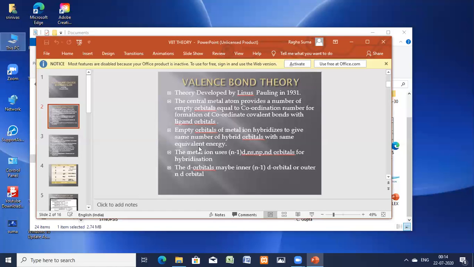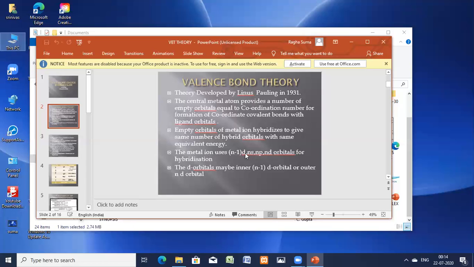Now the third one is that the metal ion uses n-1 d, ns and np orbitals. You'll have s orbital, p orbital, d orbital, f orbitals, so many orbitals. In these complexes, the metal ion will be using the d orbital, the s orbital, and the p orbital.